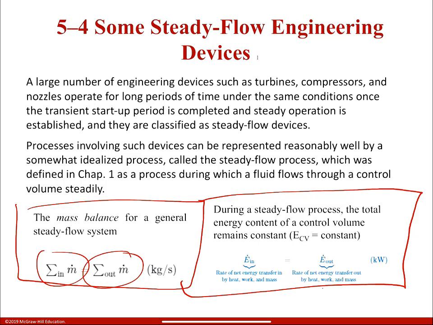Okay, these two things, number one and number two, are the most important thing when studying engineering devices. Just remember that the mass flow rate coming in is equal to the mass flow rate coming out, and also the energy coming in is the same as energy coming out.